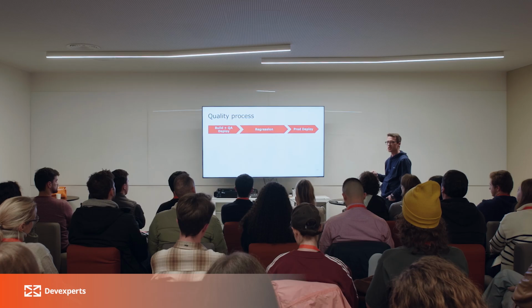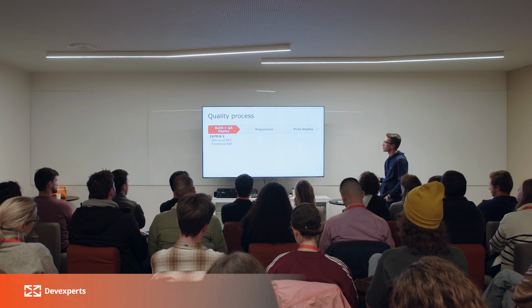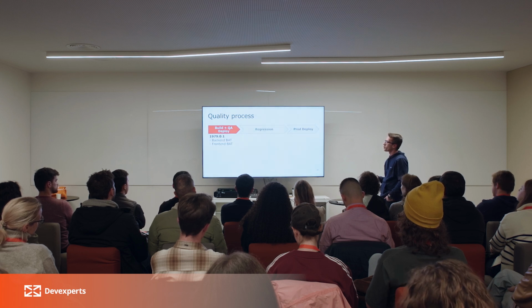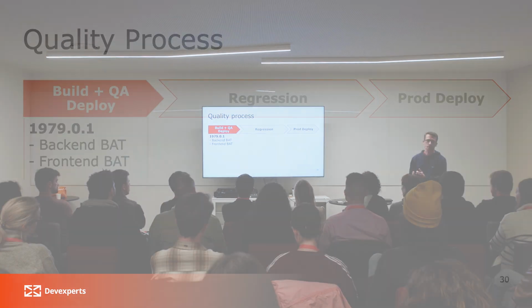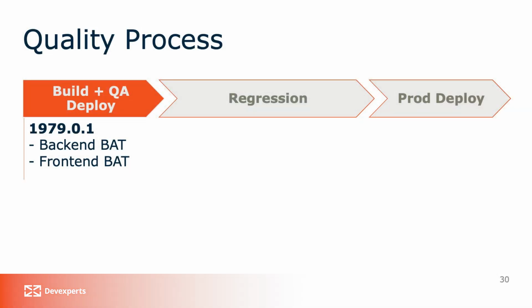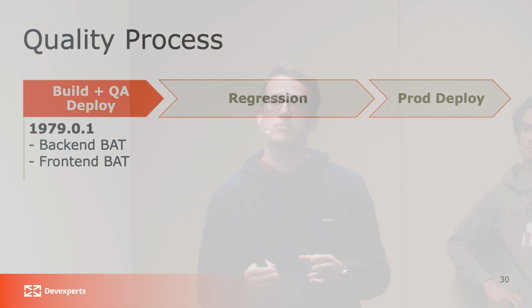And finally, after building and deploying in QA environments, we have a small subset of backend and front-end tests again, and this small subset is executed against the deployed version just to understand its integrity, right?